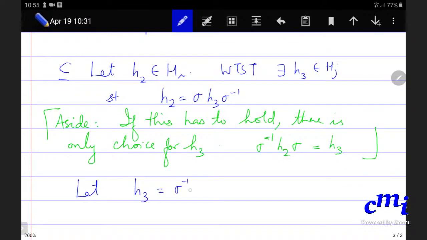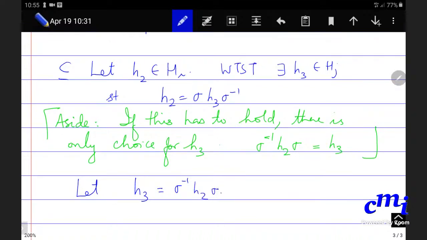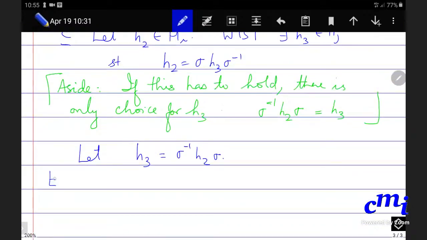Whatever I wrote in green is just us thinking through the proof to see what element we should look for. It is enough to show now that H3 is inside Hj.